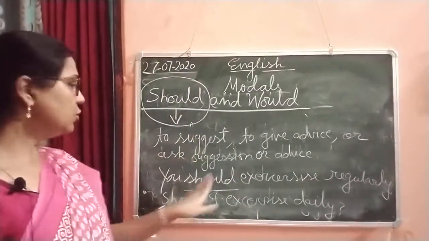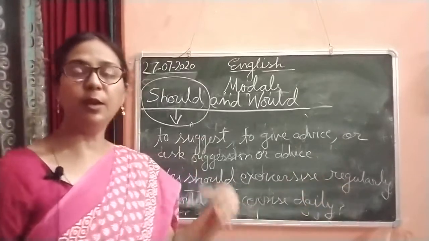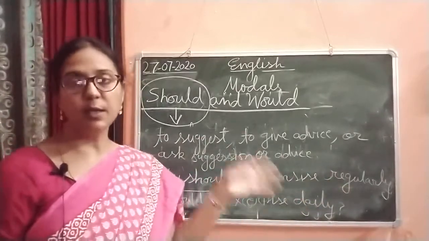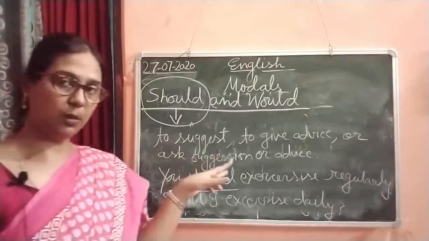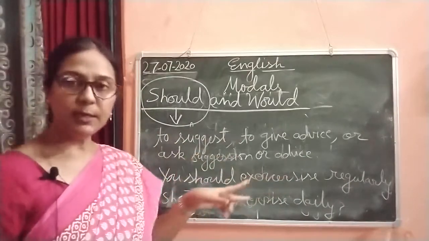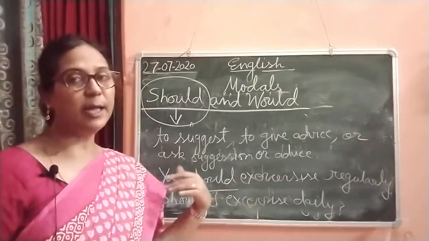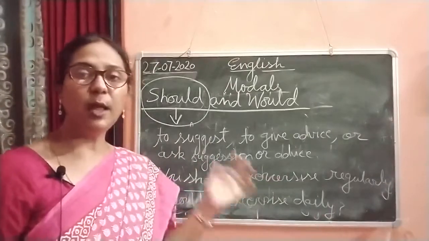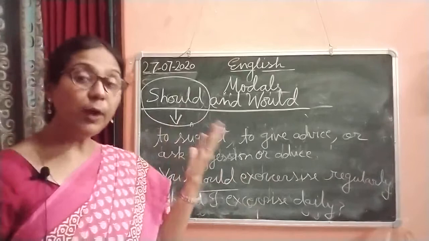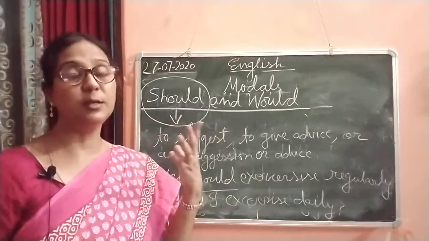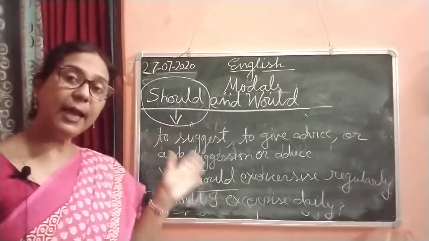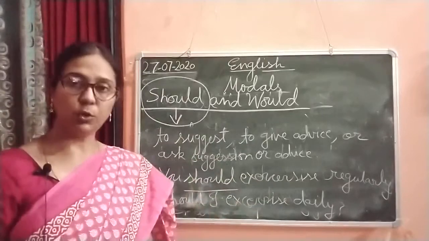Or, you should exercise regularly, I am giving advice or suggestion to someone. So should is used in both types of sentences. When we are asking for some suggestion, then we are supposed to use should, and when we are going to give some advice or suggestion to anyone, that time we also use should.